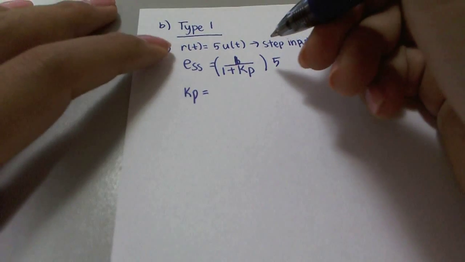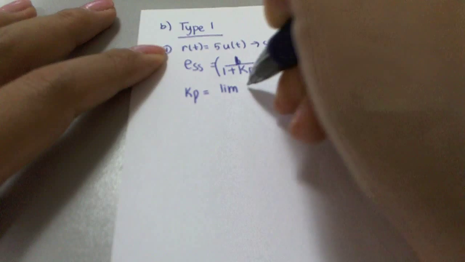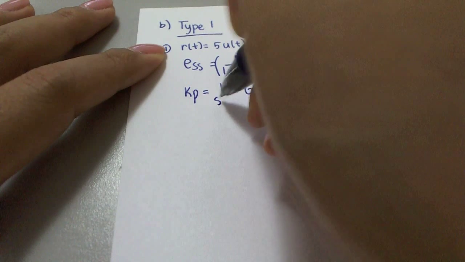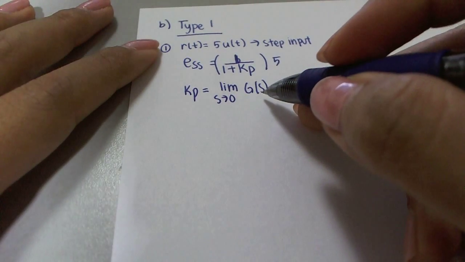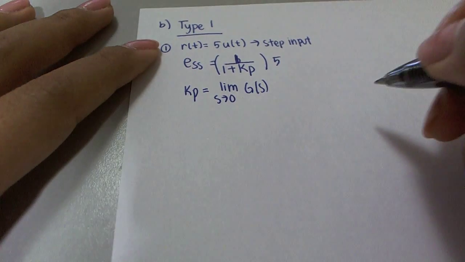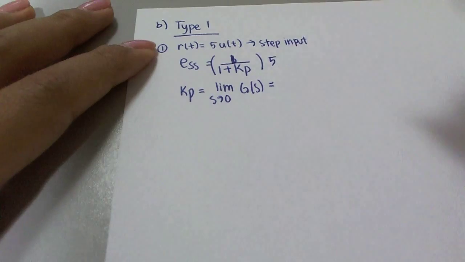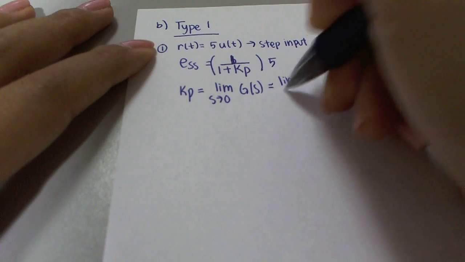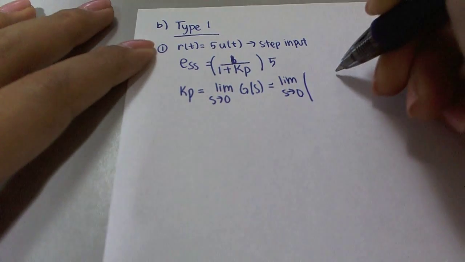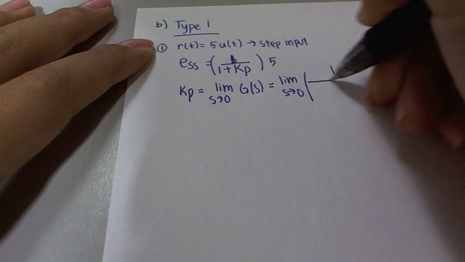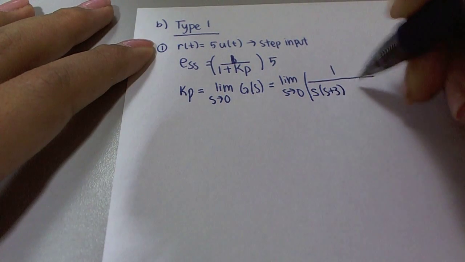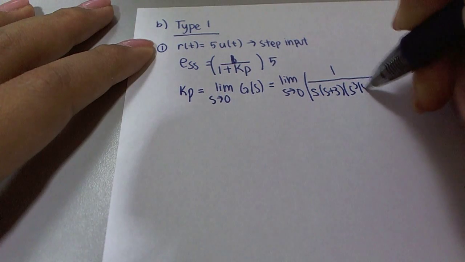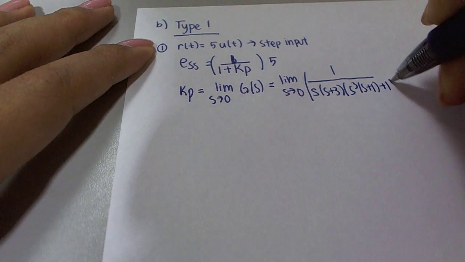And Kp is the static position error constant, and it's given by the formula limit of G as s tends to 0. And G over here is our forward loop transfer function, which we have found previously, and it is equal to 1 over s(s+3)(s^3(s+1)+1).